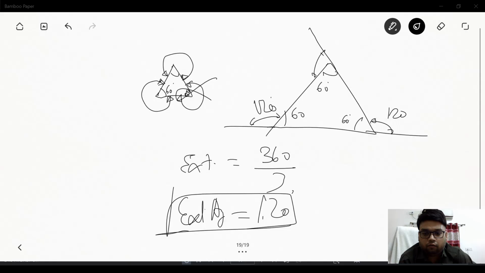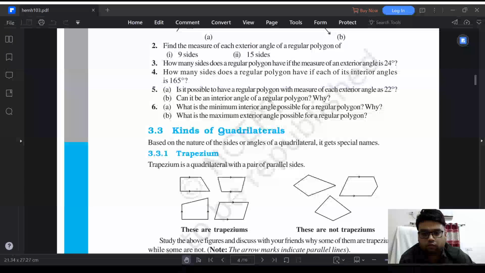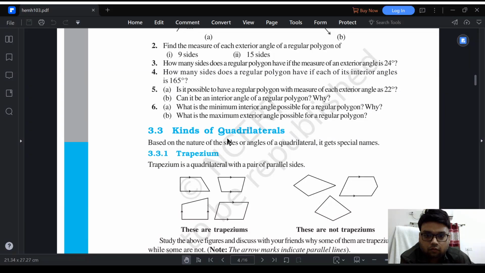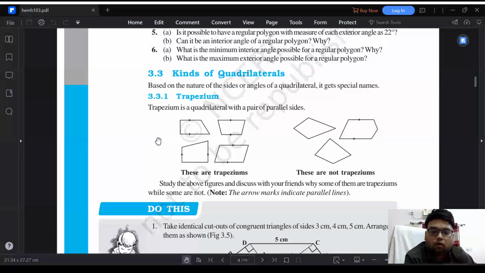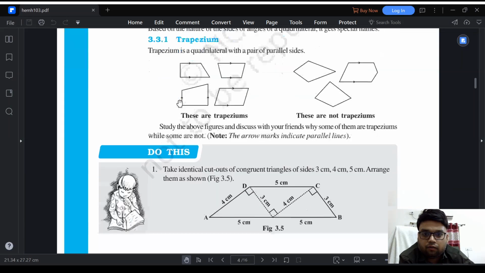Now moving forward, the chapter name is quadrilateral. The name of the chapter, quadrilateral, is first used in your book, kinds of quadrilateral.